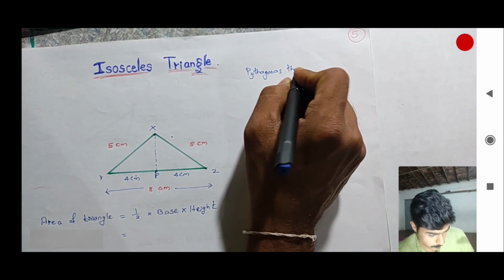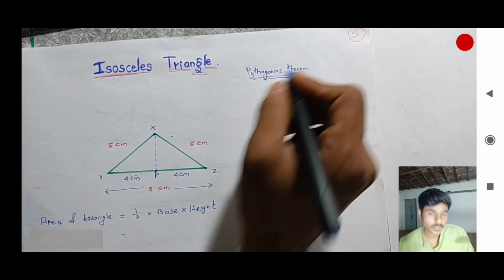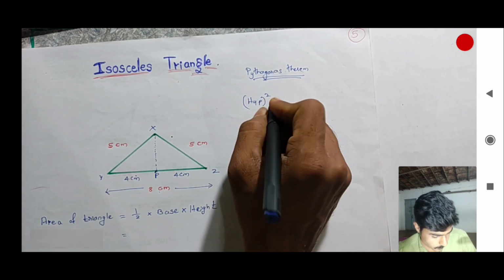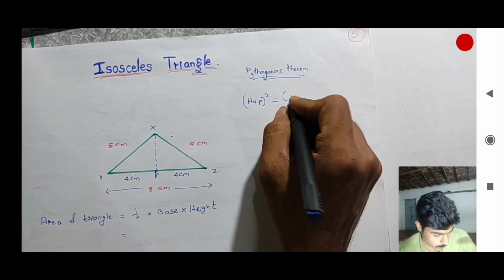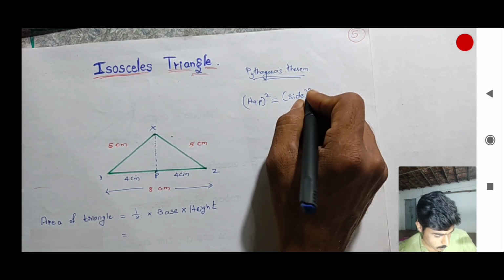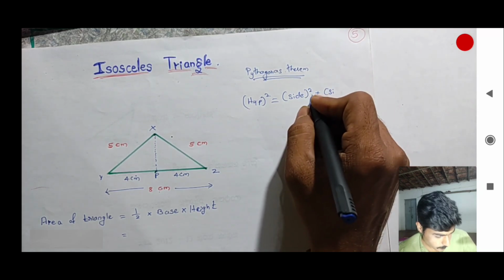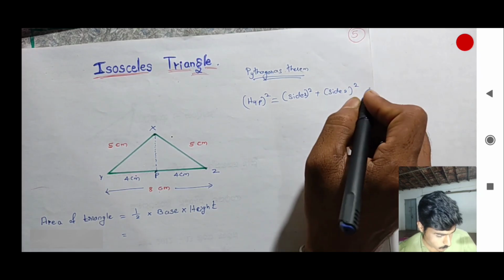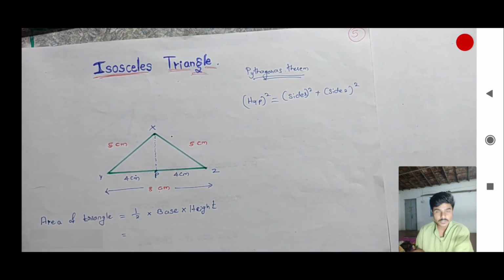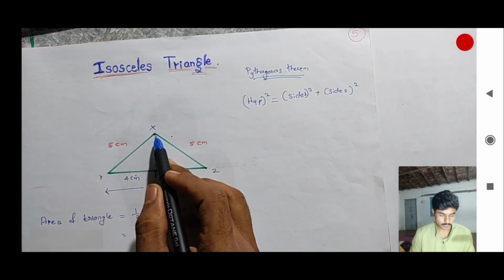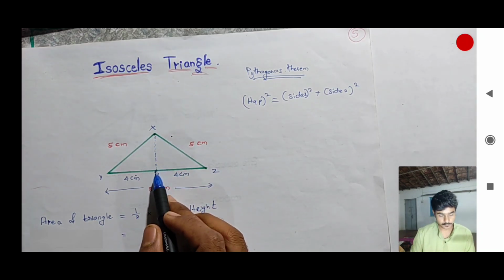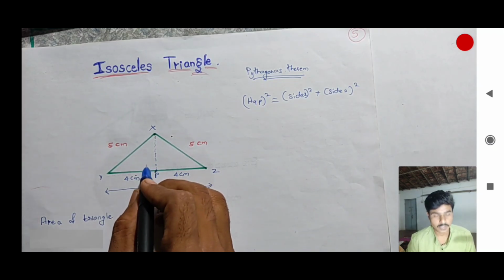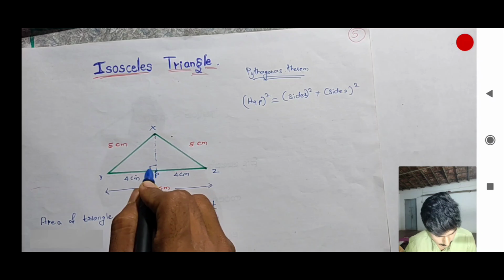What Pythagoras theorem says is that hypotenuse square will be equal to the sum of the squares of the other two sides, side 1 and side 2 squared. Here, as you know, we have created a perpendicular line to YZ. As it is a perpendicular line, it creates a 90-degree angle.